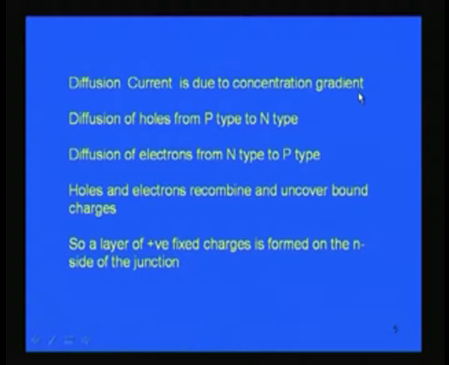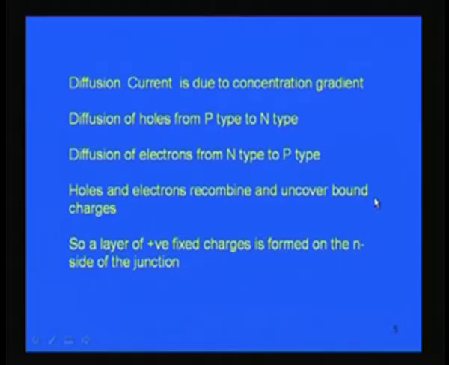We have seen that the diffusion current is due to the concentration gradient, and diffusion of holes takes place from p type to n side, and diffusion of electrons from n side to p side. Holes and electrons recombine because of this diffusion, and they uncover the bound charges.